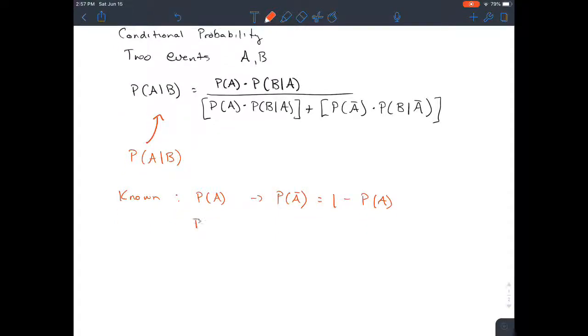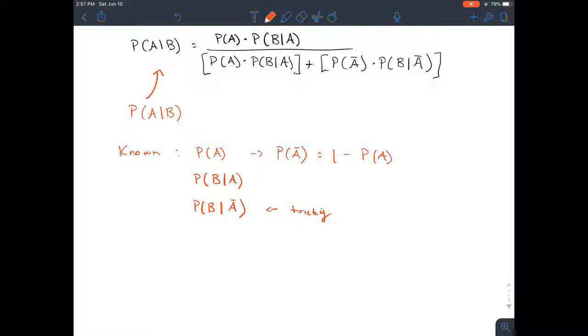We need to know the probability that B occurs given A happens. And we also need to know the probability that B occurs given A complement happens. Right, this one might be a little tricky. I've seen in some problems that instead of giving us this, they've given something like the probability that B doesn't happen given A doesn't happen.